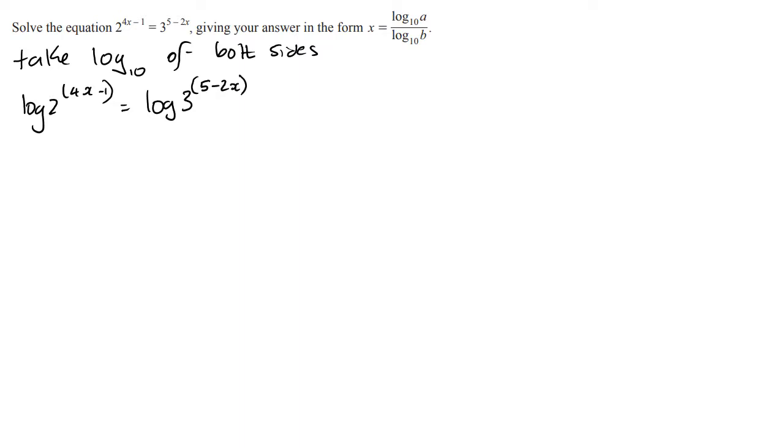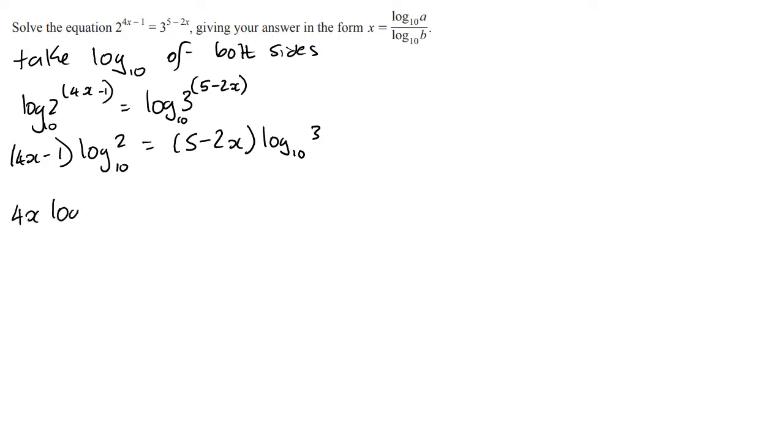Power rule, straight down, so it's going to be 4x minus 1 log base 10 of 2. And I'm going to write 10 after this because it's just an extra thing you have to write. And then it's going to be 5 minus 2x log base 10 of 3. Then you basically want to isolate x as it is at the top there.